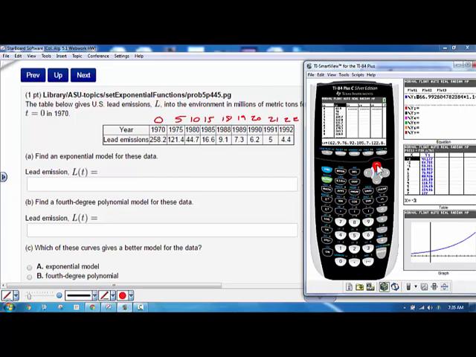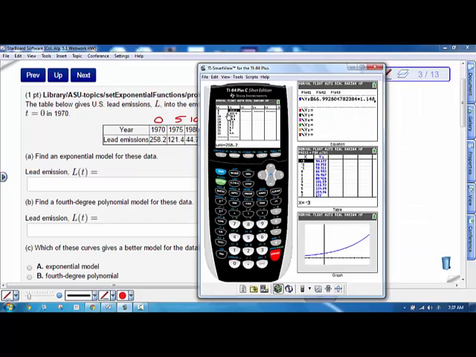into L2, and then we're going to go to Stat. Now I already have some numbers in here. I'm going to pretend that these are. I'm sorry. I'll re-enter these in real quick. All right. Once you get these entered in, then we can just go to Stat, and we can go to Calculate. They want us to do exponential, so we'll scroll down to exponential, and hit enter.